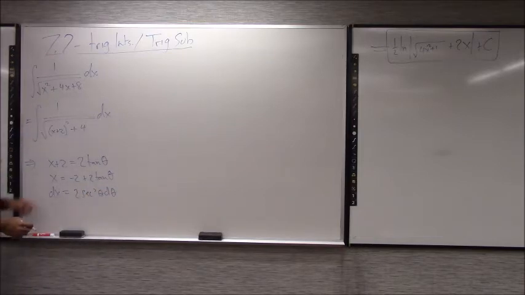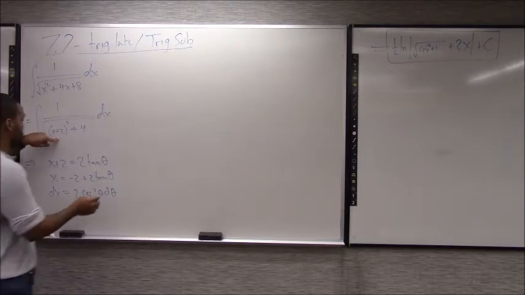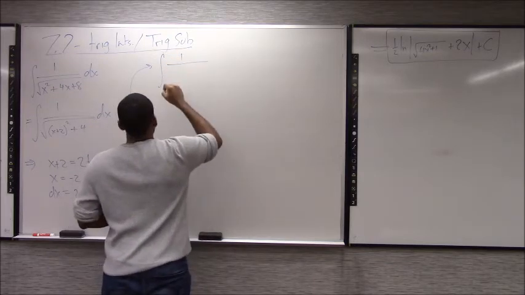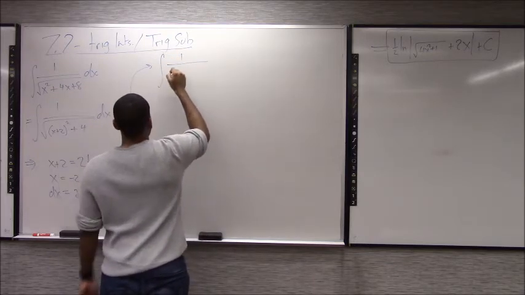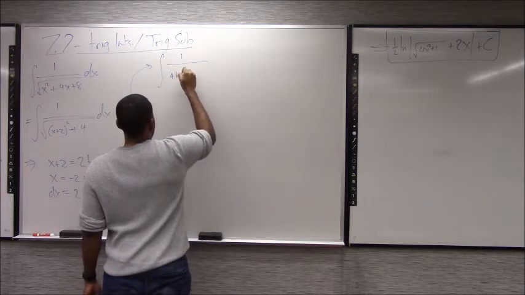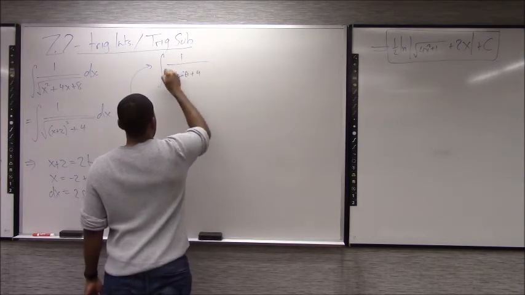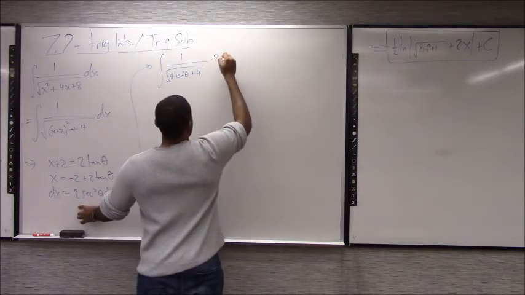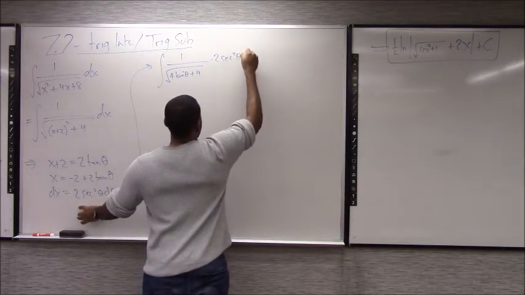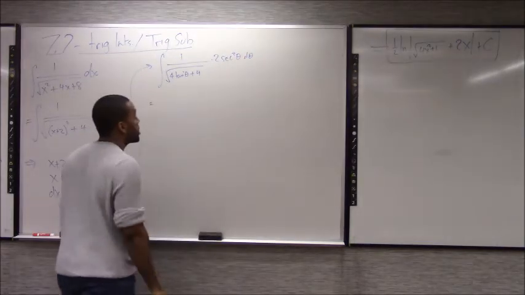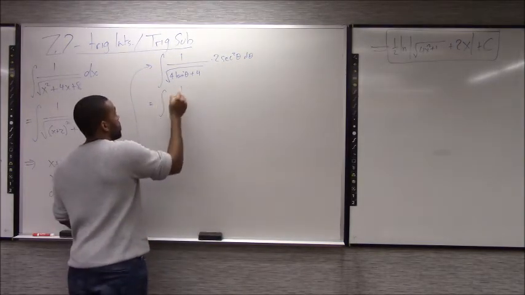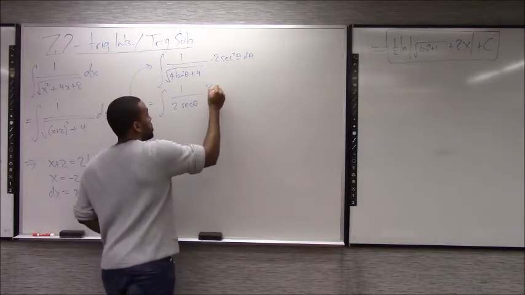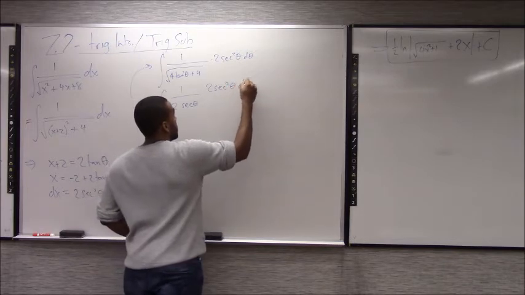I'll plug these back in. So this would become 1 over my x plus 2, which is just tangent, so this is 4 tangent squared theta plus 4 under the radical, times my dx, which is now this guy, 2 secant squared theta d theta. This just becomes 1 over 2 secant theta times 2 secant squared theta d theta.